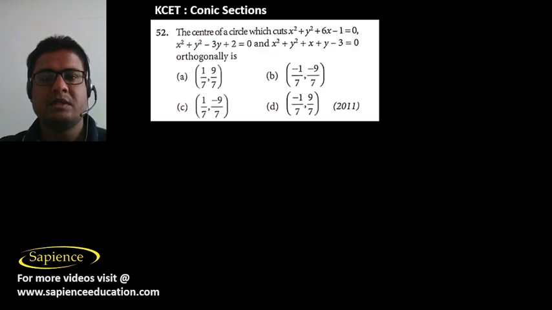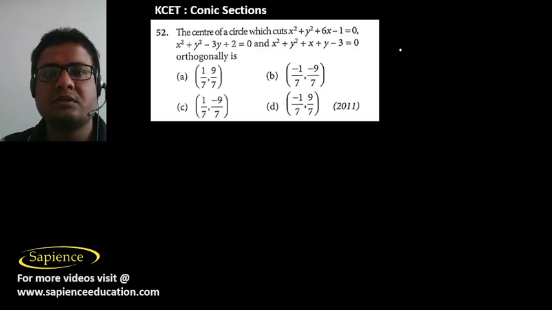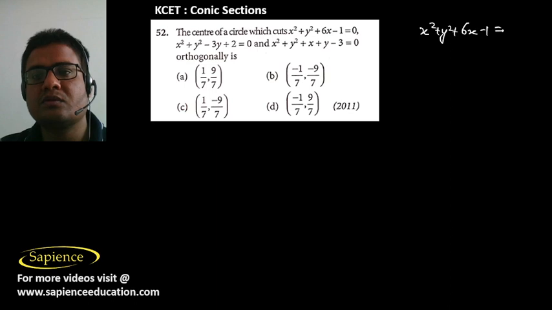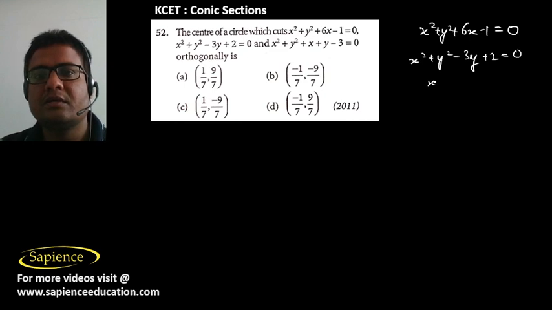Okay. Then here it is told the center of a circle which cuts x square plus y square plus 6x minus 1 equal to 0 and x square plus y square minus 3y plus 2 equal to 0 and x square plus y square plus x plus y minus 3 equal to 0 orthogonally.